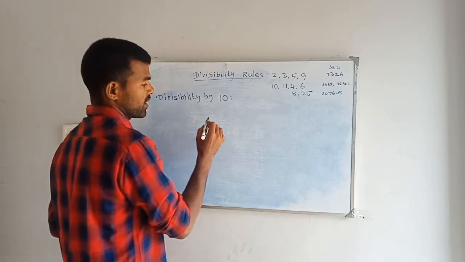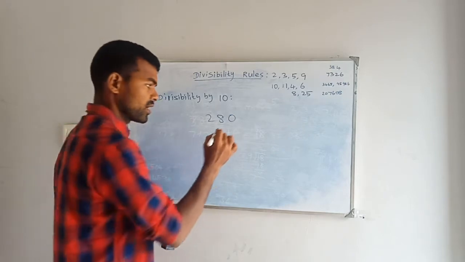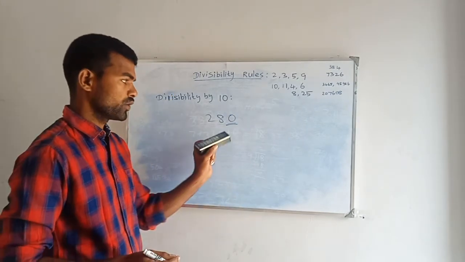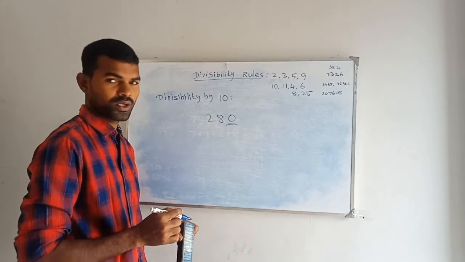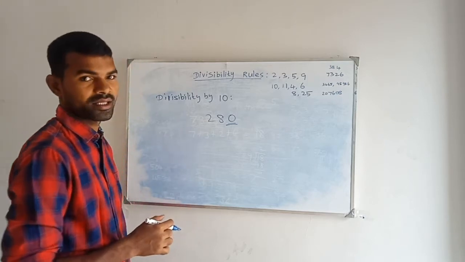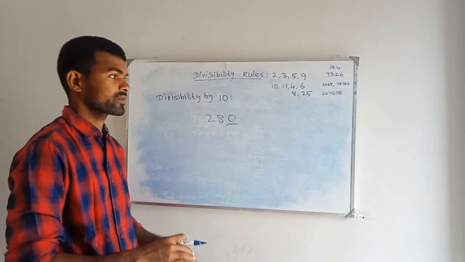If the unit digit finishes in 0, then the full number can be divided by 10. The last number must be 0.